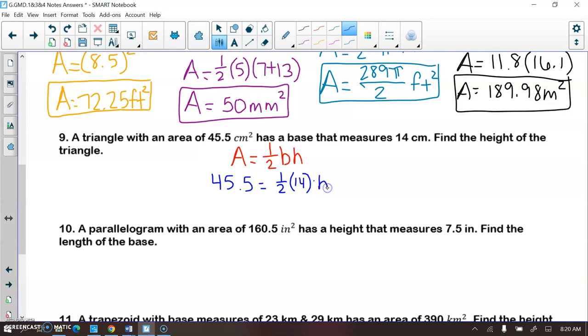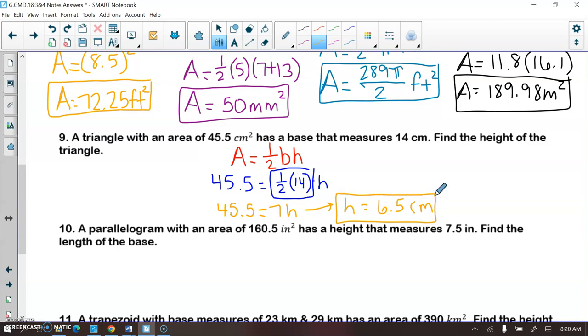And we want to find the height. So now we're going to just solve this equation. Well, I can do a 14 times a 1/2. That leaves me with a 7. So then I'm going to divide by 7 on both sides to get that my height is equal to a 6.5 centimeters.